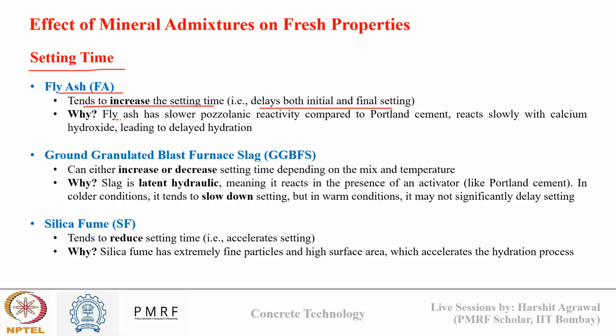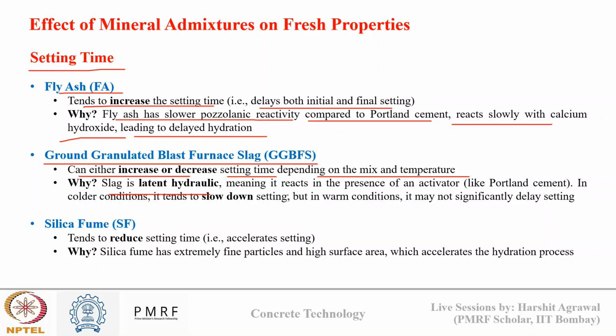Why? Because it has a slow pozzolanic reactivity compared to Portland cement, which reacts slowly with calcium hydroxide and which delays the hydration process. Ground granulated blast furnace slag can either increase or decrease the setting time depending upon the mixture and the temperature. Why? Because slag is latent hydraulic, which means it can react in the presence of an activator, which can increase or decrease the setting time.